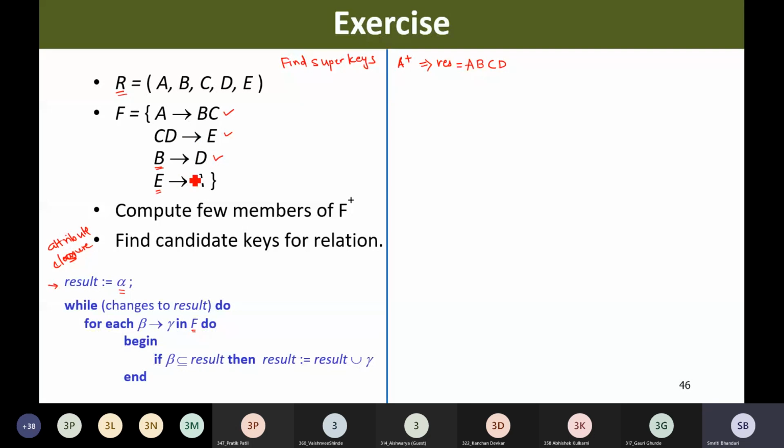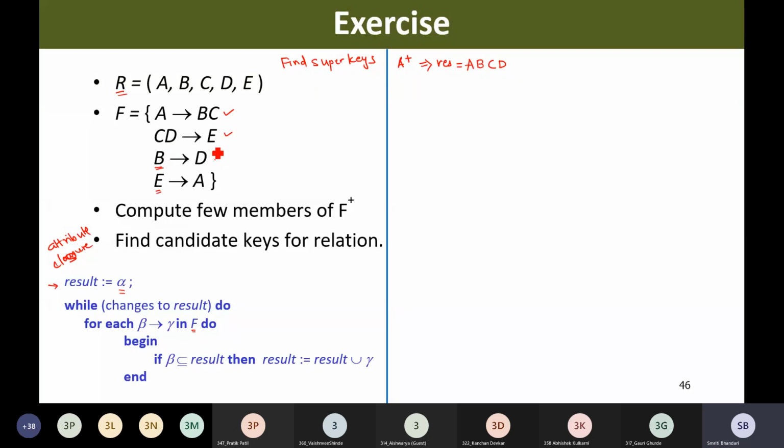Once again, I'll look at A to BC. A is a subset, but BC has already been included. We are done with this functional dependency. Now, let us proceed with CD to E. Is CD a subset of my result? Yes, now it is.